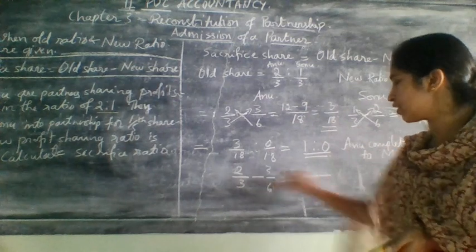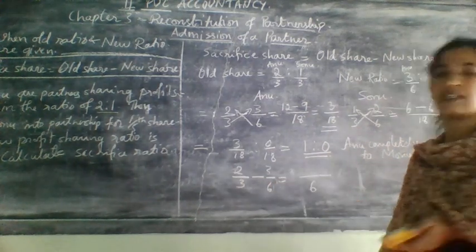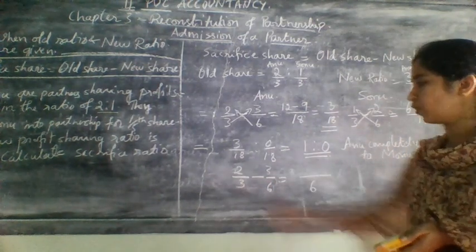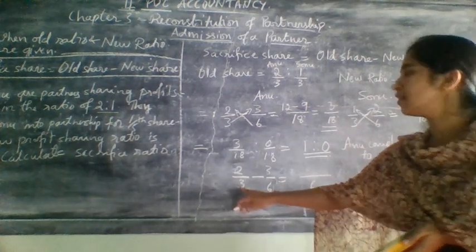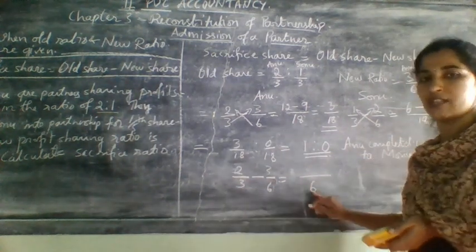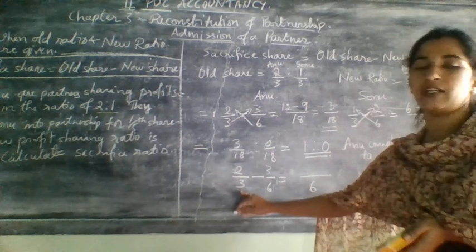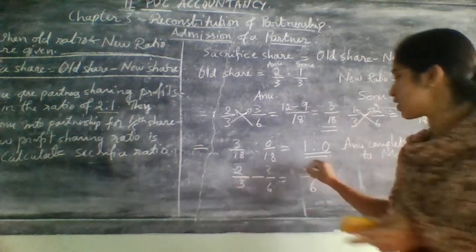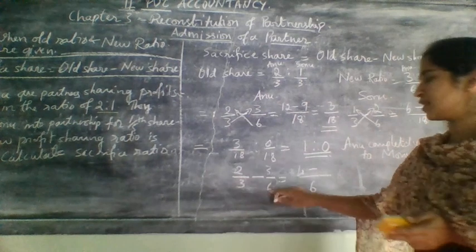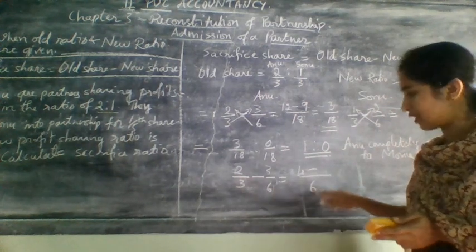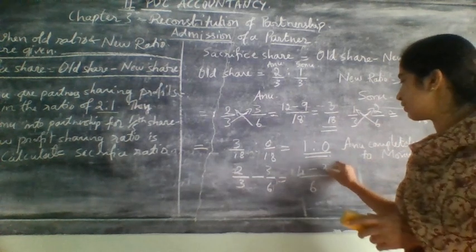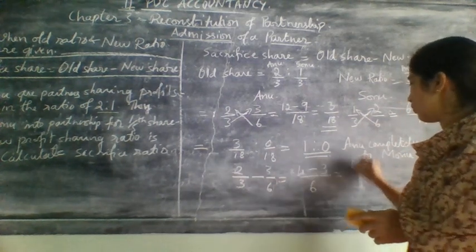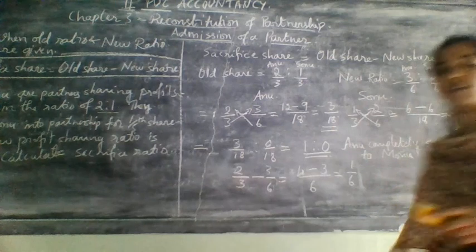So this highest denominator you can take as the common denominator for both. Now 6 divided by 3, or you can say 3 how much are 6. Okay, 6 divided by 3 you will get 2. 2 twos are 4, minus 6 divided by 6 you will get 1. 1 threes are 3. Your answer will come 1/6.